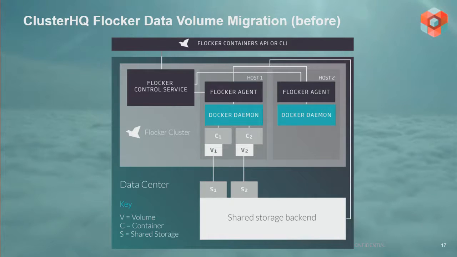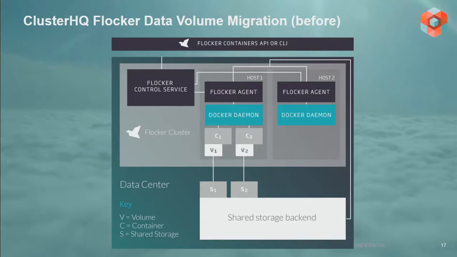Then host 1 starts getting a bit busy, and we decide that we want to move container C2 onto host 2. Flocker has created this link between V1 and S1 and V2 and S2. Basically, it's allocating these volumes not as directories on the host, but actually going down to the underlying storage, the vSphere storage in this case, and attaching that storage to that container.